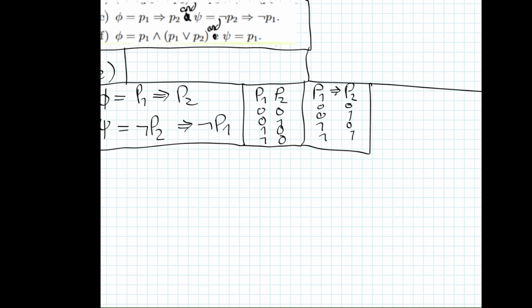Sorry, this is terribly written again. And we have the negation of P2 implying the negation of P1. We have the opposite here, so 0 0, 1 0, 0 1 and 1 1.